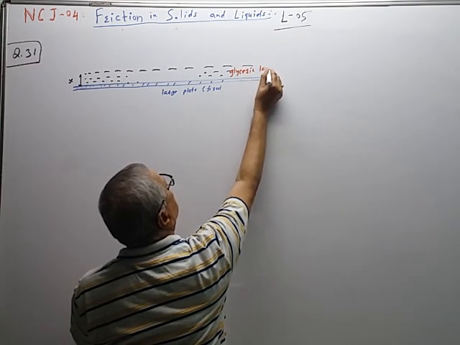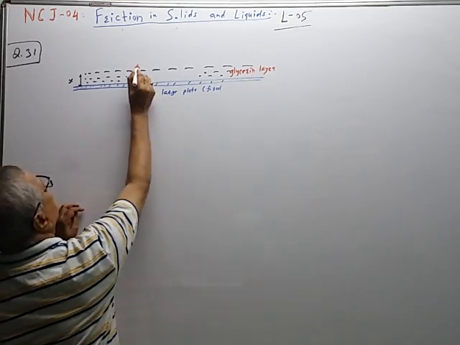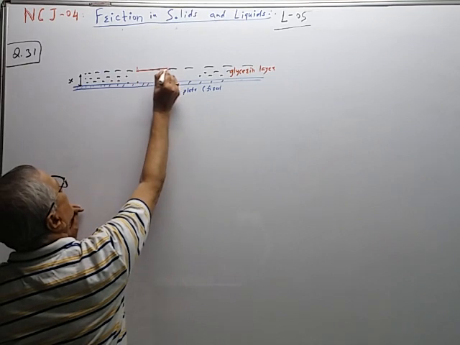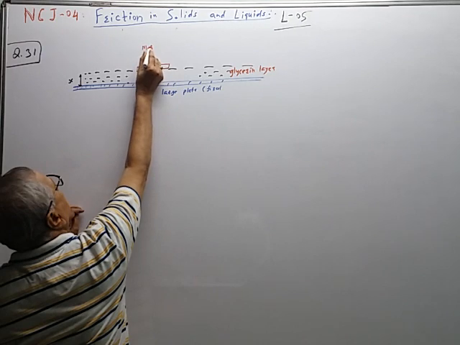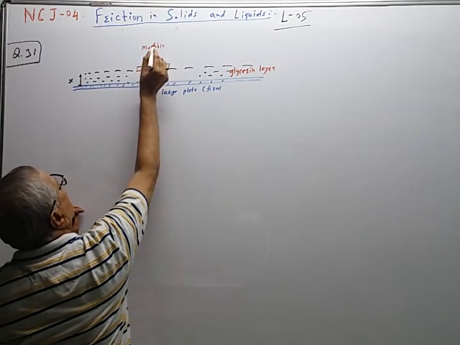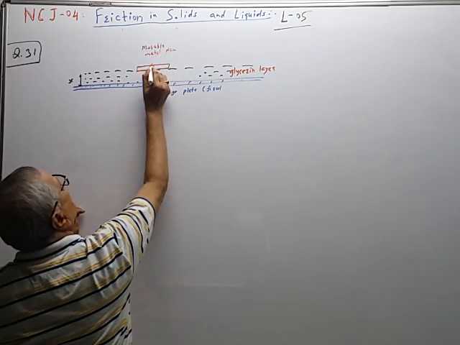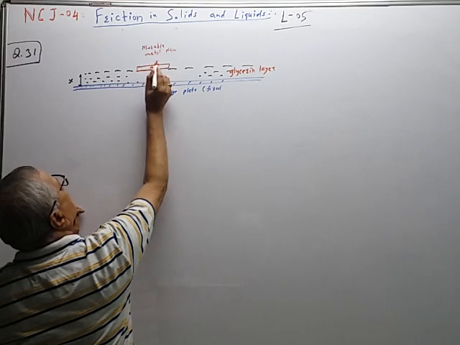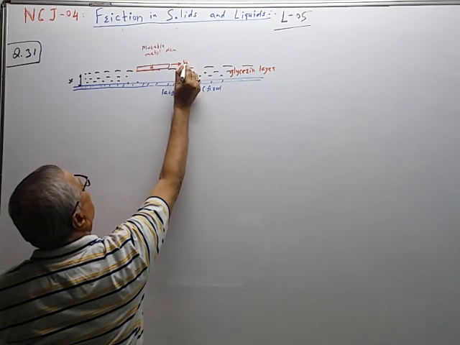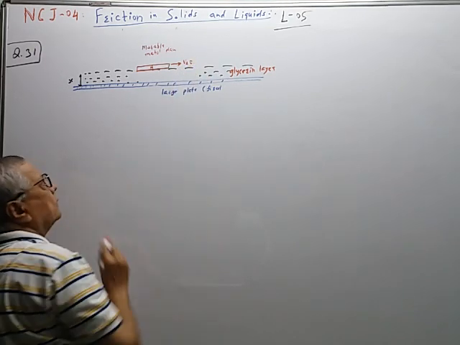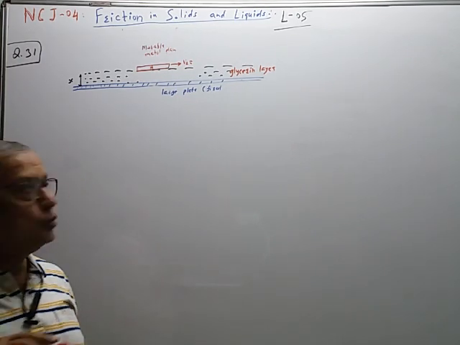This is another metal plate, movable metal plate, of area capital A. It is moving with velocity v2, which is given as 2 centimeter per second.